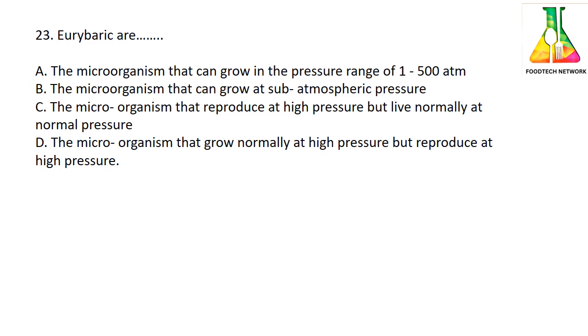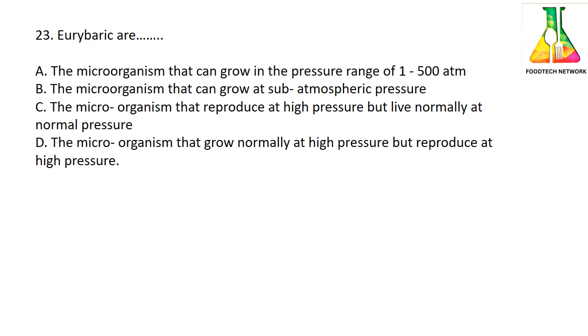Question number 23. Euribaric are option A, the microorganisms that can grow in the pressure range of 1 to 500 atmosphere. Option B, the microorganisms which can grow at a subatmospheric pressure. Option C, a microorganism that reproduces at high pressure but lives normally at normal pressure.